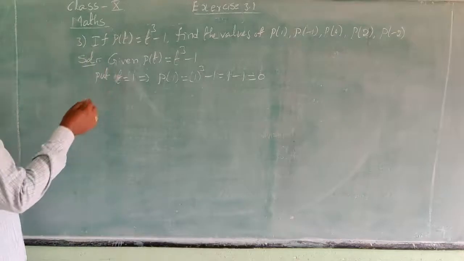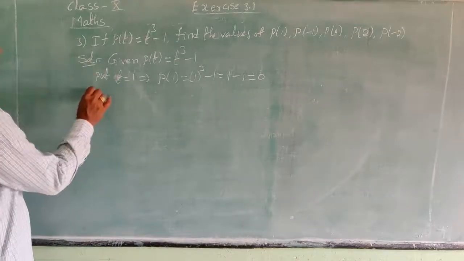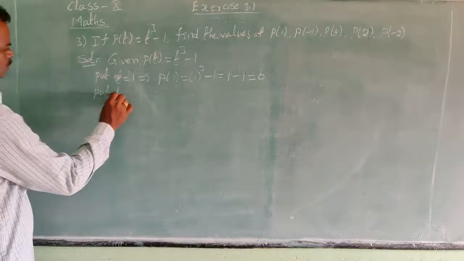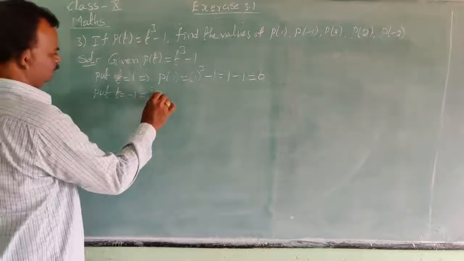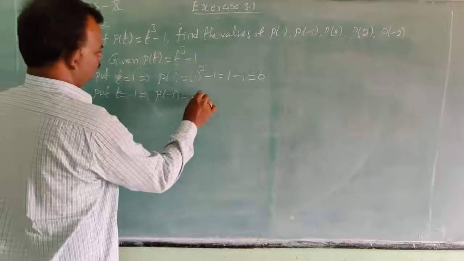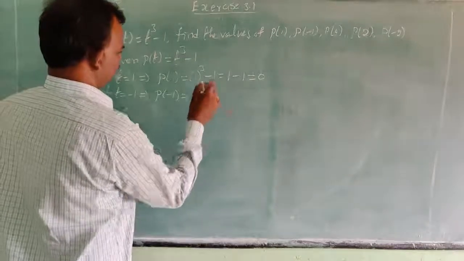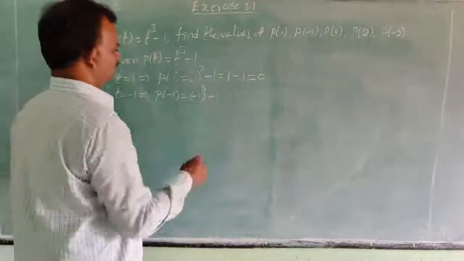And second one is p of minus 1. So put t is equal to minus 1. P of minus 1 is equal to minus 1 whole cube minus 1.